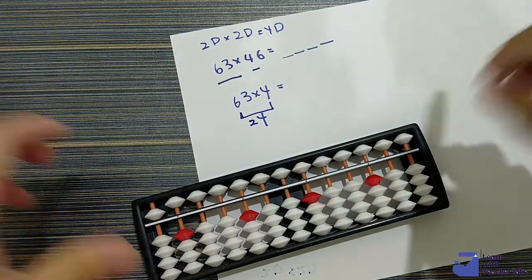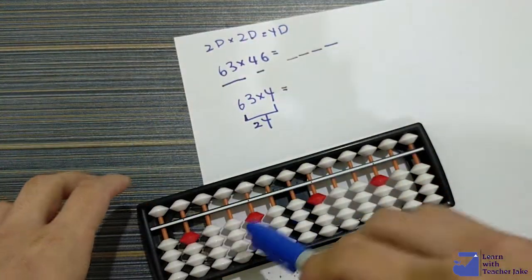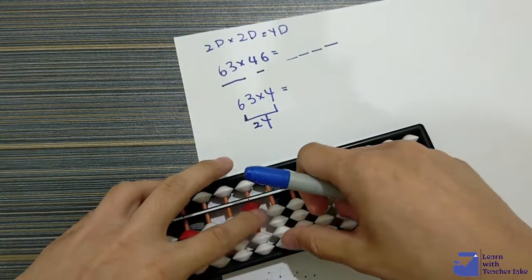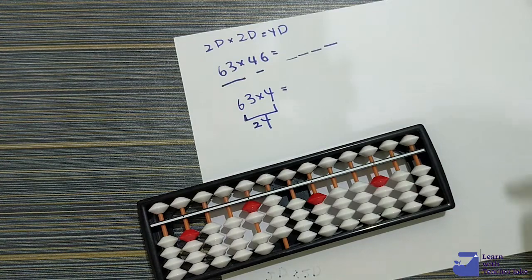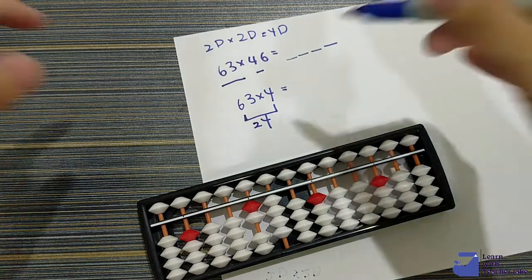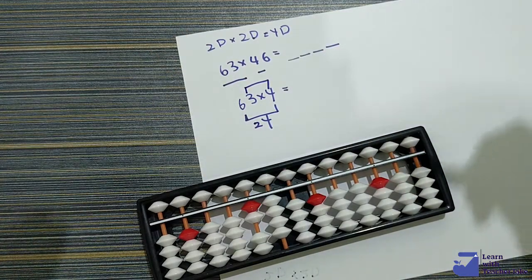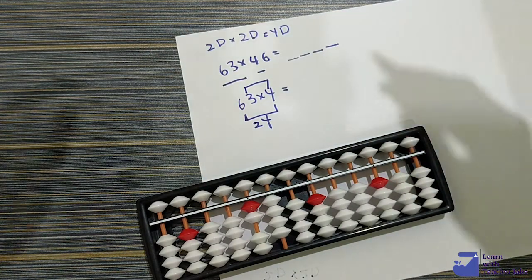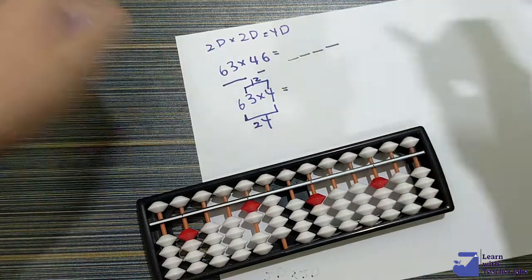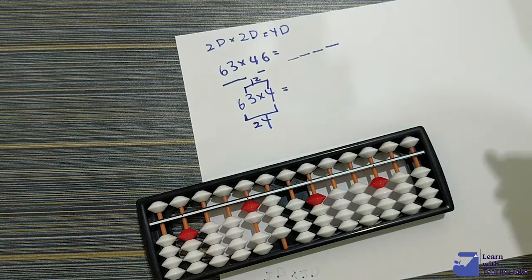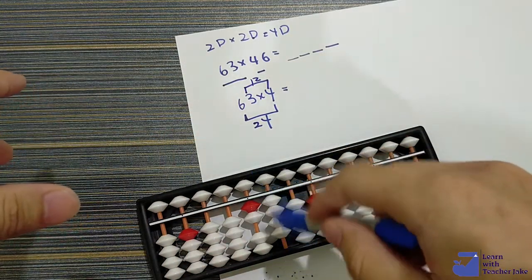So we are going to place 24 starting from the 1000 column. Next we are going to look at the second digit, which is the multiples of 3 and 4. As you know, the multiples of 3 and 4 is 12. So we are going to place the value of 12 starting from the 100 column.